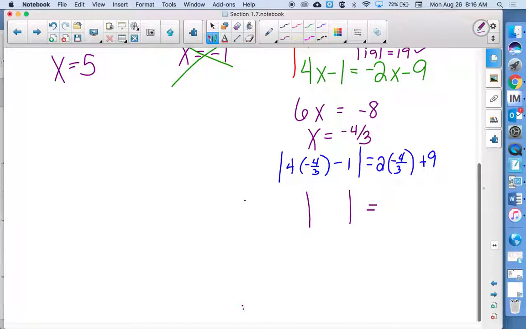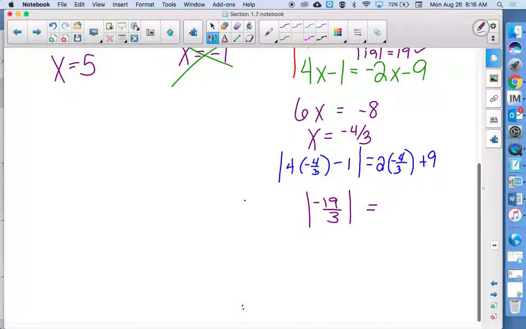Anybody know what number you get in the absolute value? Negative 19/3. And on the other side, Peter, you got negative or positive? Josh?